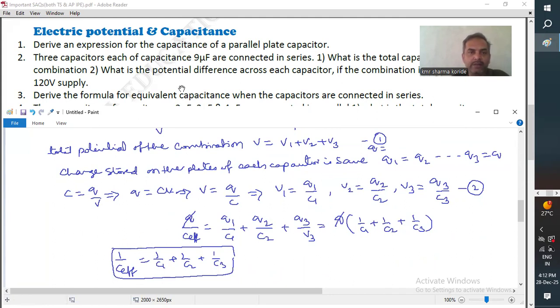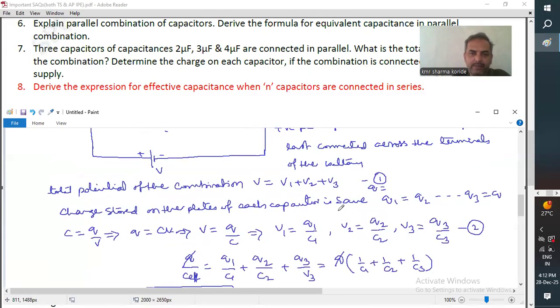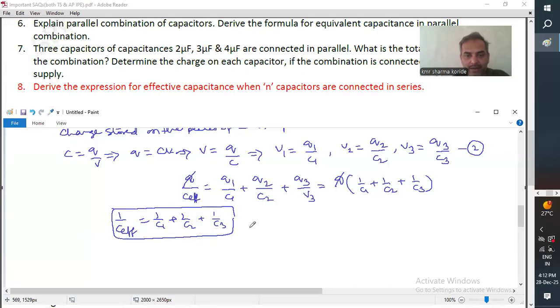Now let us continue with question number 8. It is mentioned: derive an expression for the effective capacitance when n capacitors are connected in series. Everything is the same. You need to continue the same answer till here. The only thing is you need to write 1 by C1, 1 by C2, 1 by C3, up to 1 by Cn, because you have connected many.